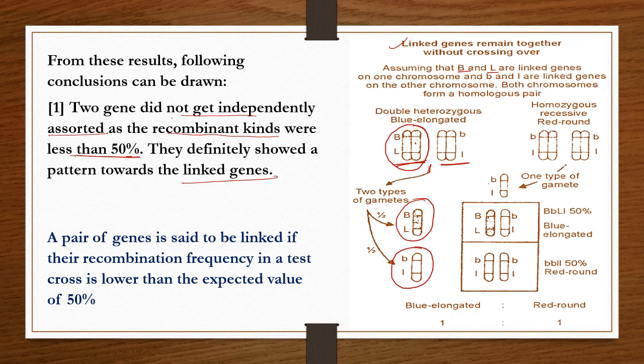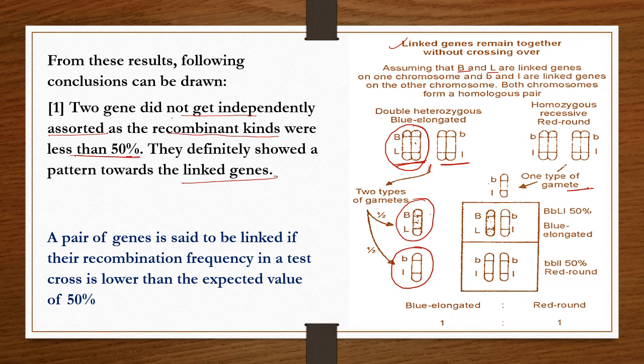In the other parent, which is homozygous recessive with red flowers and round pollen grains, both chromosomes have small b, small l. As a result, only one type of gamete is formed, small b, small l.